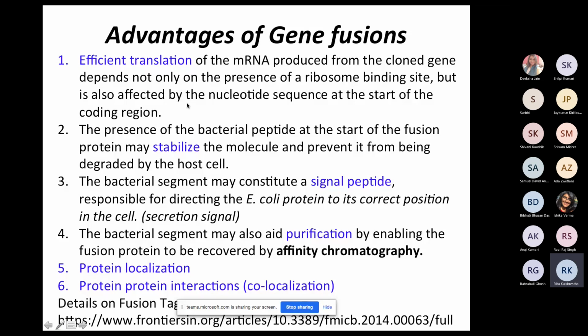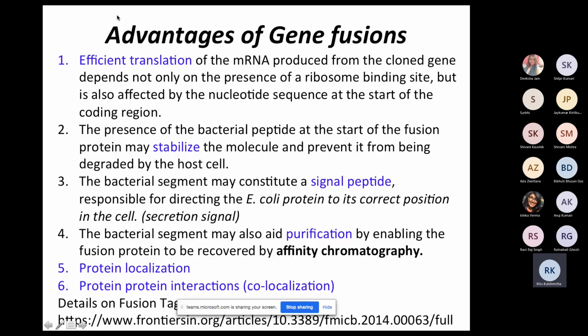When I say manifold, it's really manifold, in some cases tenfold. There are many, many examples if you read through the literature, sometimes ranging from threefold, fivefold, tenfold, hundredfold, and so on. So that's why the knowledge about various fusion tags and their respective advantages is very, very important.